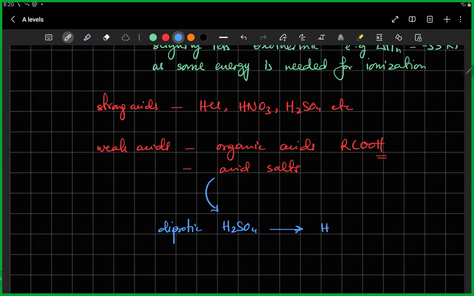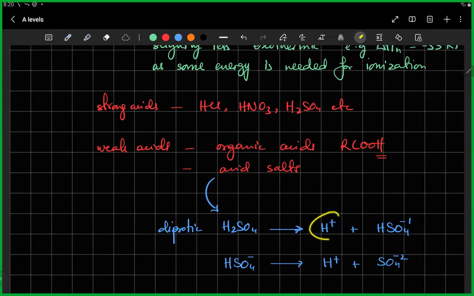वो क्या करेगा? It's going to produce one H plus ion, and what you'll get is HSO4 minus one. ठीक है, और फिर let's say एक और collision होती है, and then that HSO4 minus one ends up producing another H plus ion, right? ये आइडिया क्लियर है कि there's a diprotic acid और वो दो steps में या दो reactions में या दो collisions में it ends up producing H plus one ions.